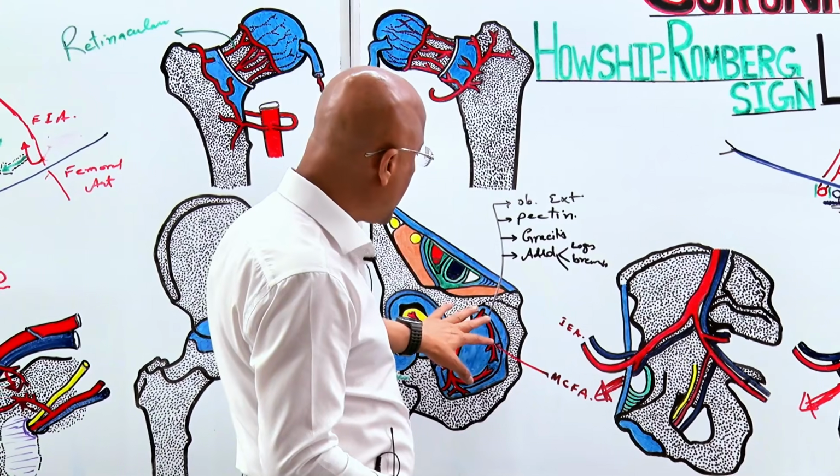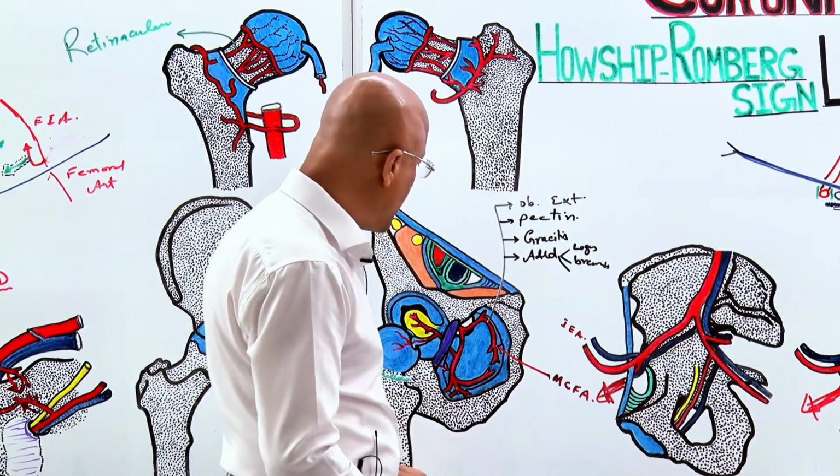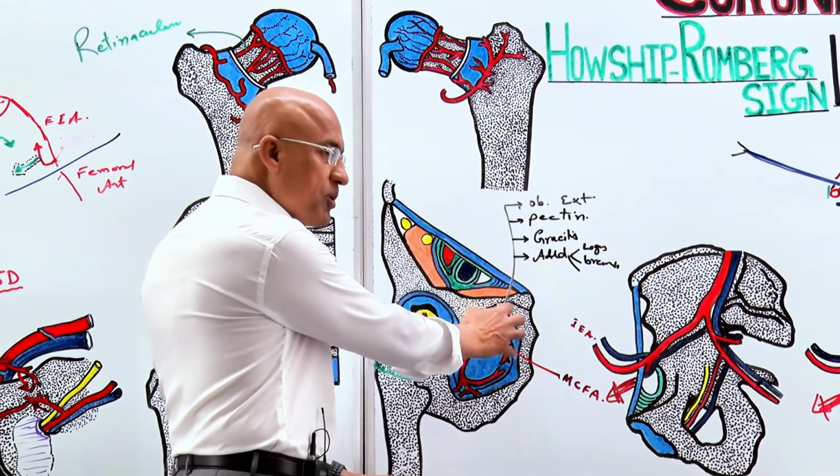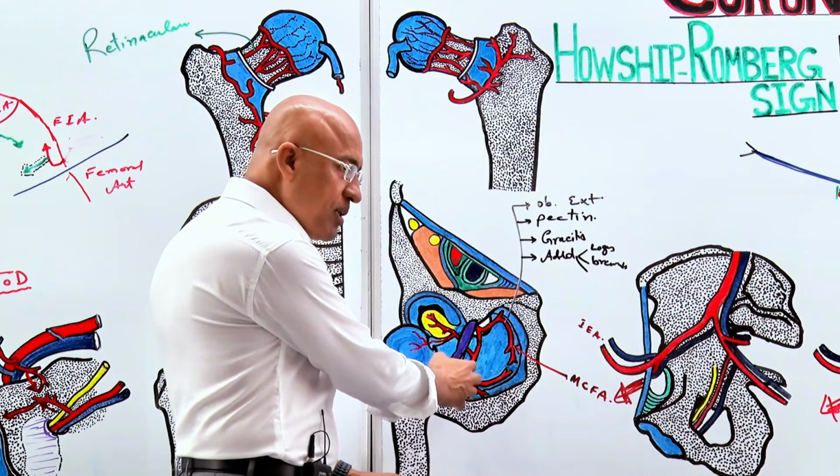Now, this is the end of the anterior branch and posterior branch, right? Anterior branch giving mostly muscular branches and posterior branch giving muscular branches, right?